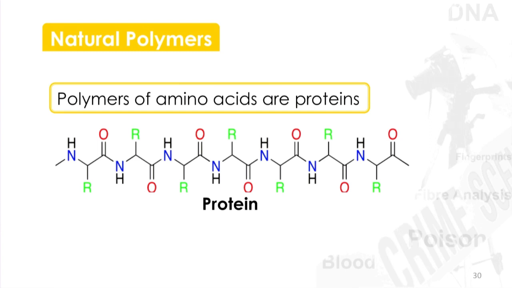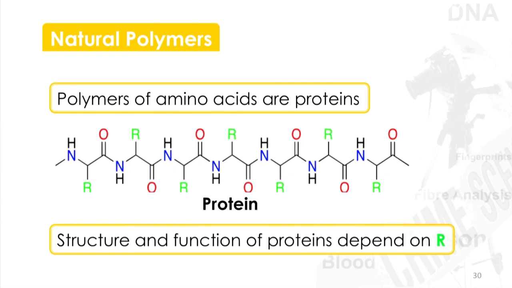And you can create an extraordinary number of proteins because you can combine the different amino acids into all sorts of different sequences, depending on which of these substituents you choose and what combination of different substituents you choose down the chain. The R substituent makes all the difference, and the structure and the function of the polymer depends on those substituents.